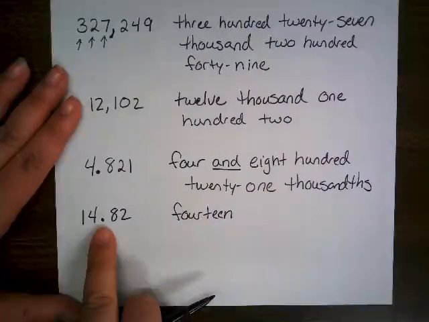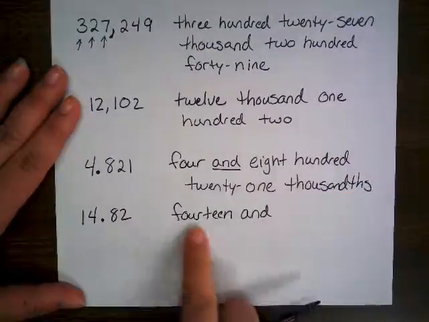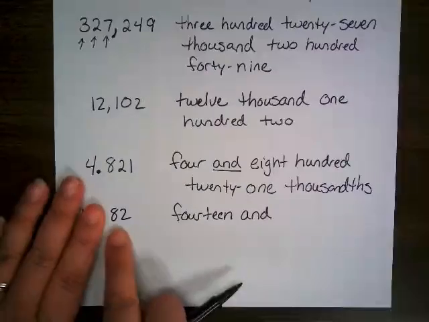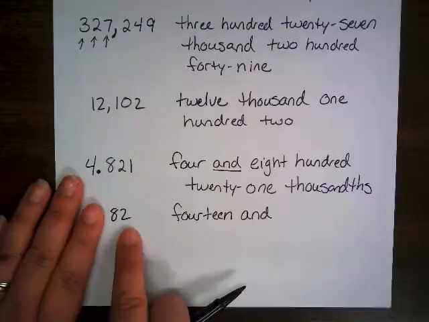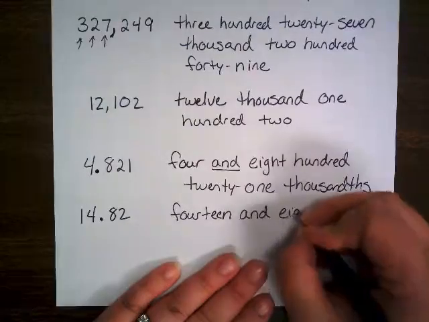What am I going to write to represent that decimal? Who remembers? Yes, it's the word "and." So 14 and. Now, if I look after the decimal, what number do you see? I see an 82. Do you see that 82 there? So I'm going to write 82.